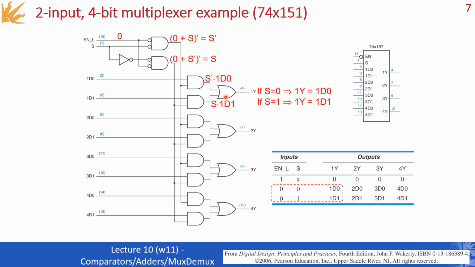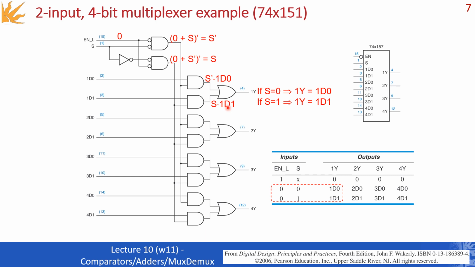Let's see what happens in the first part of the circuit that multiplexes the two first bits. You have S dash times the first bit of the first word, and then you got S times the first bit of the second word.